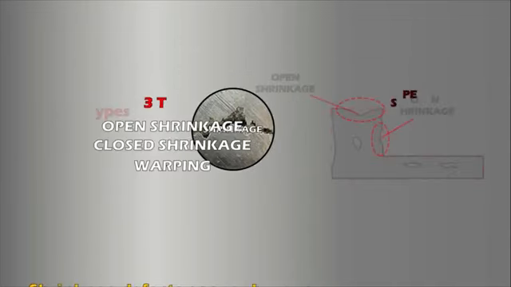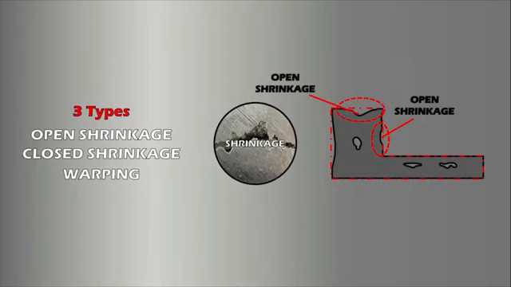Open shrinkage defects. Open shrinkage shows up on the surface of a cast product either as a dip or a hole. When metal shrinks unevenly, it draws air inside the mold in that area to create these types of defects. Closed shrinkage defects.